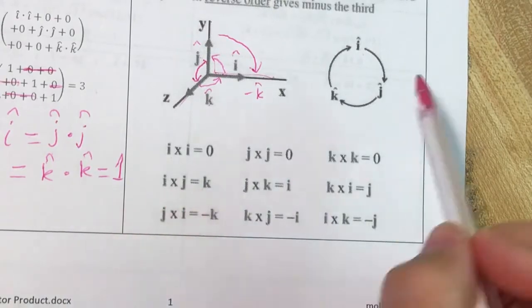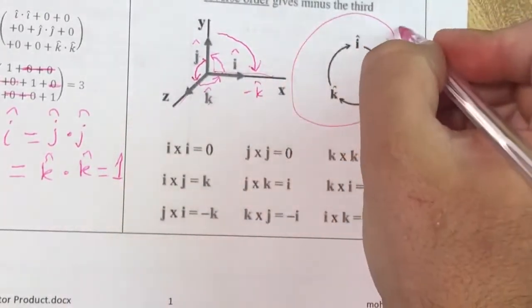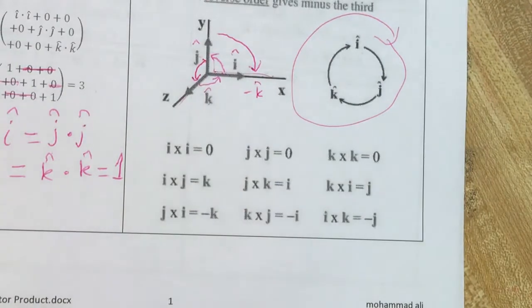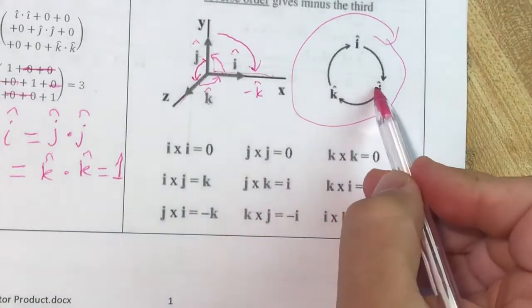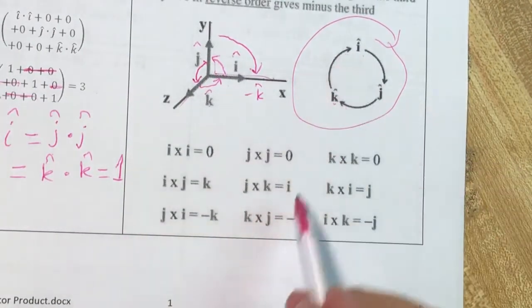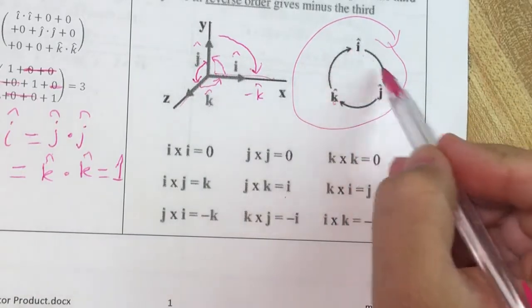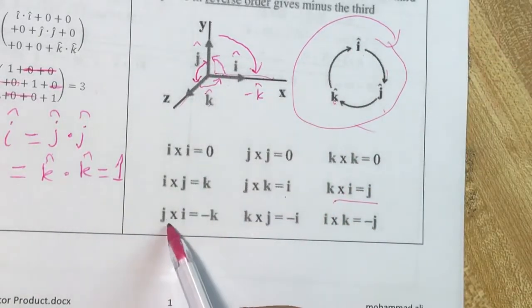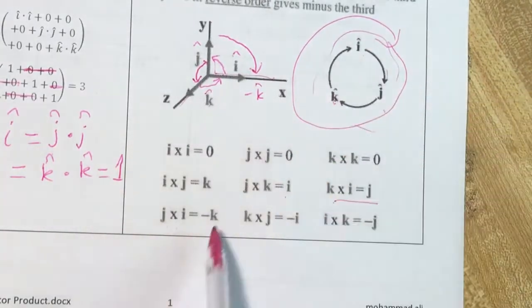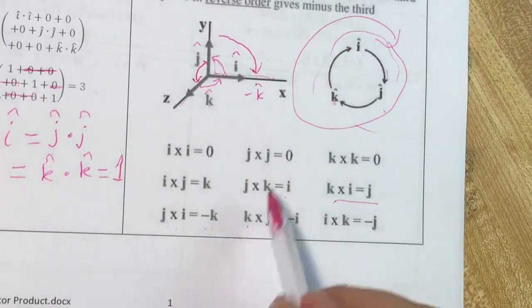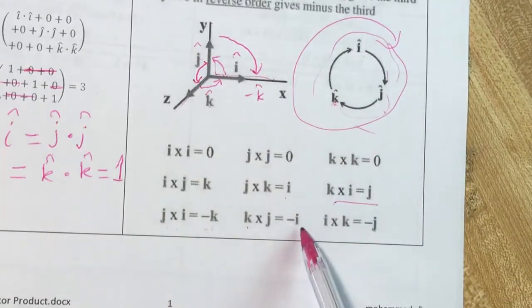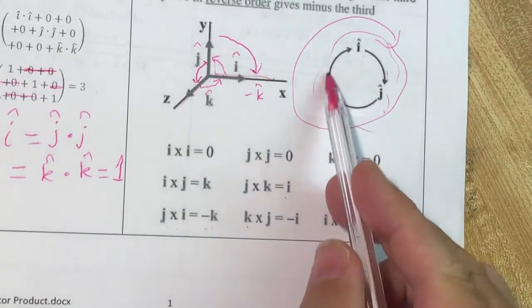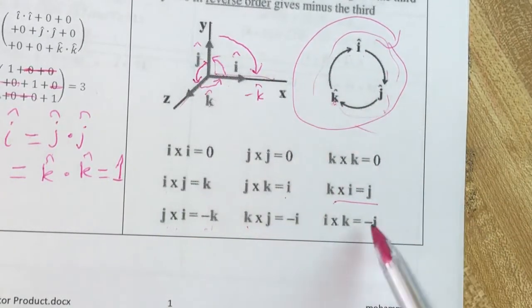They are in the same direction, clockwise. j cross k is i, k cross i is j. The opposite direction, j cross i is minus k, k cross j is negative i, and i cross k is negative j.